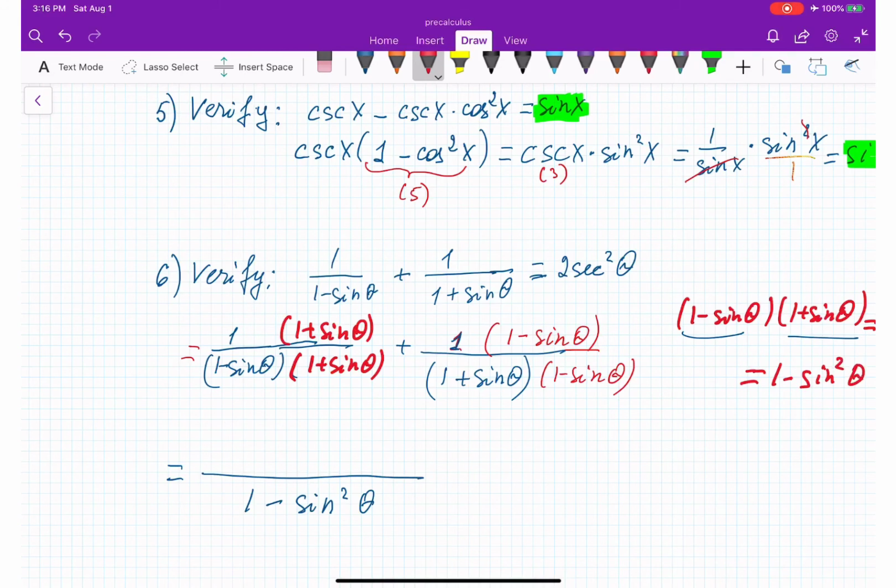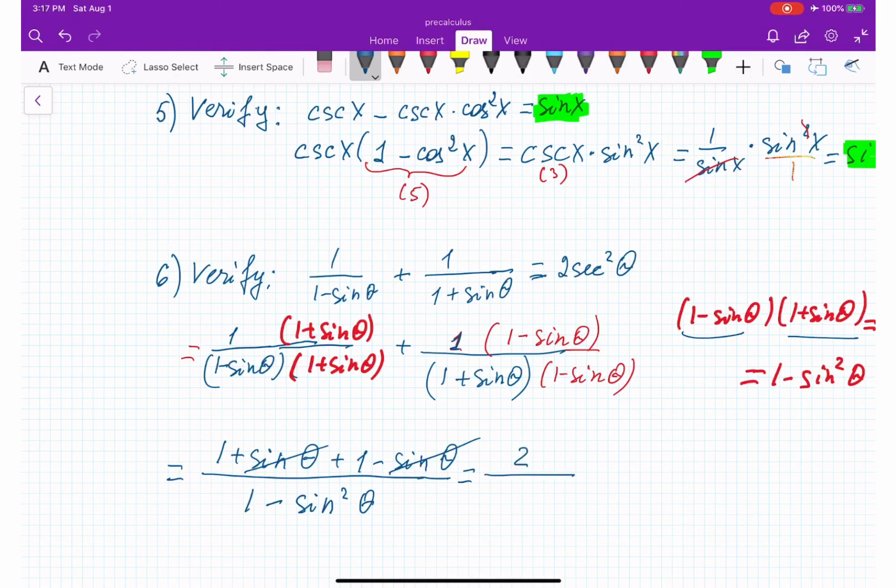So 1 minus sine square theta and denominator are the same. I can combine, and in numerator I'm getting 1 plus sine theta plus 1 minus sine theta. Sine theta I'm cancelling with minus sine theta, right? And what do we get? 1 plus 1, it's going to be 2.